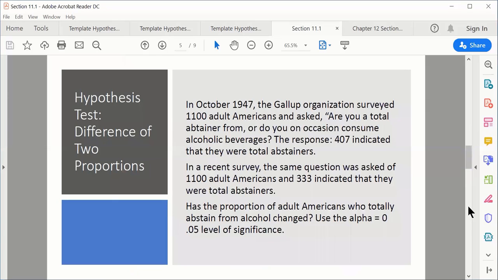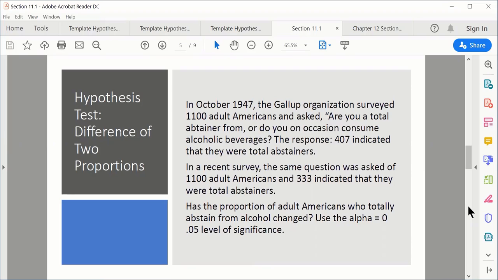So the hypothesis test we're going to do in this chapter is the difference of two proportions. Are two proportions different? So here's an example that we can look at. In October 1947, the Gallup organization surveyed 1,100 adult Americans and asked, are you a total abstainer from, or do you on occasion consume alcoholic beverages? The response was 407 out of the 1,100 indicated they were total abstainers.